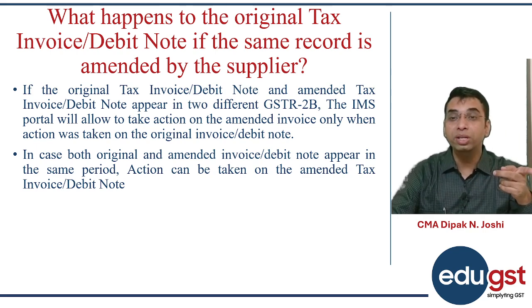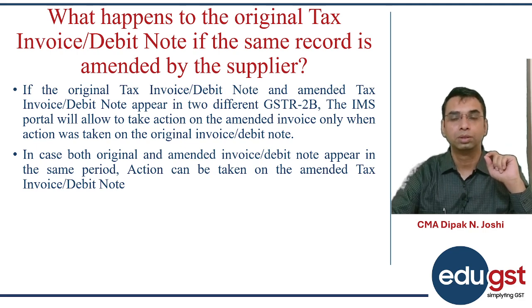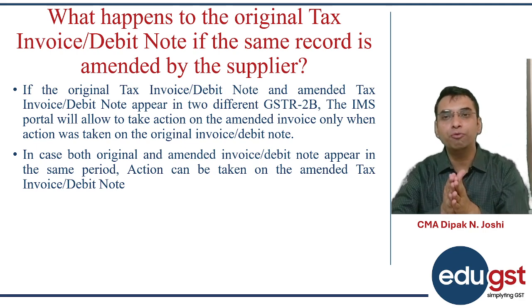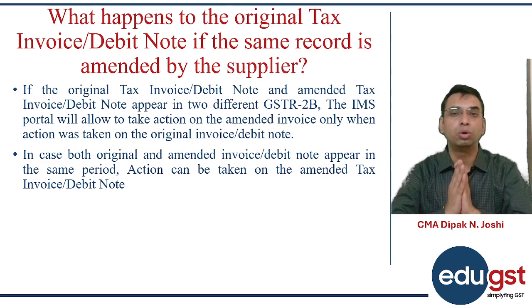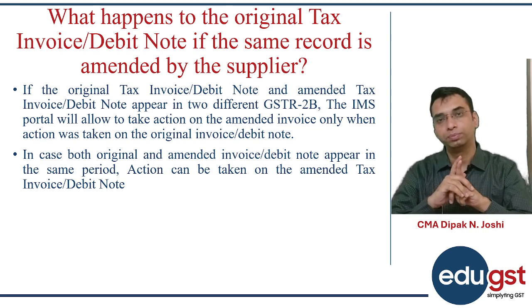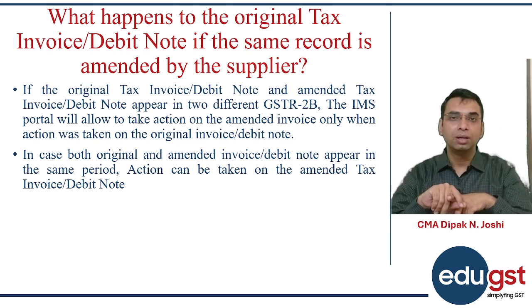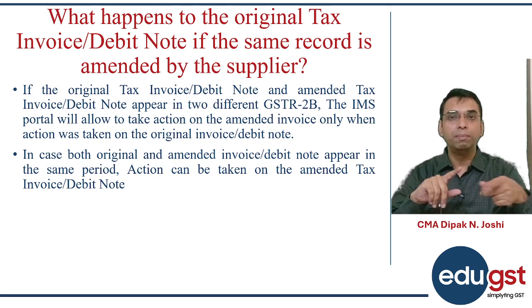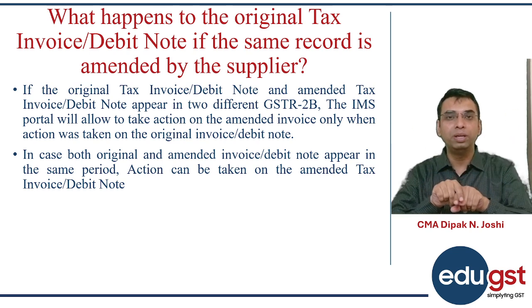What happened to original tax invoice or debit note if same record is amended by the supplier? Now what will happen? If supplier is changing original invoice or debit note, there are two scenarios. First scenario is that supplier is amending invoice or debit note in two different GSTR 2B periods.